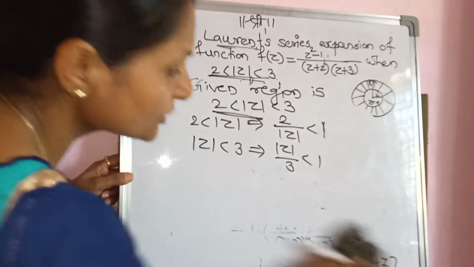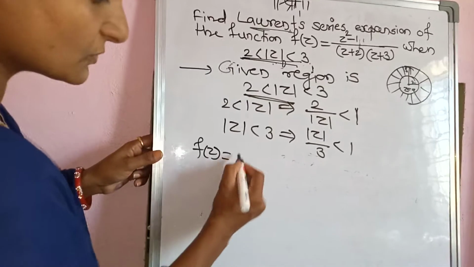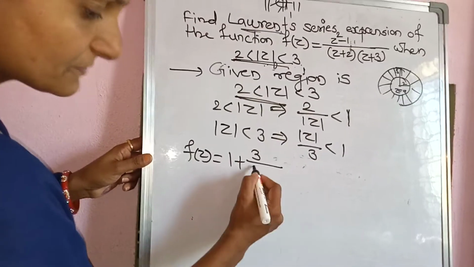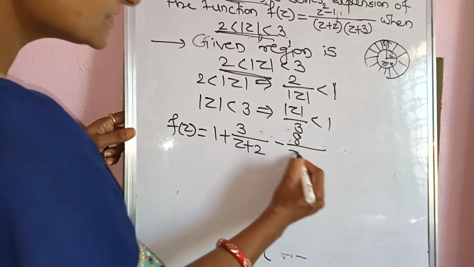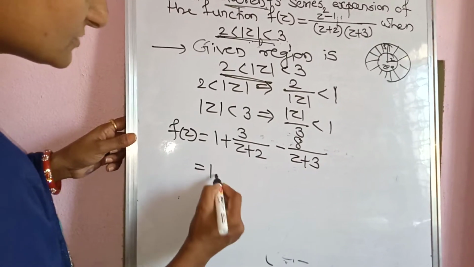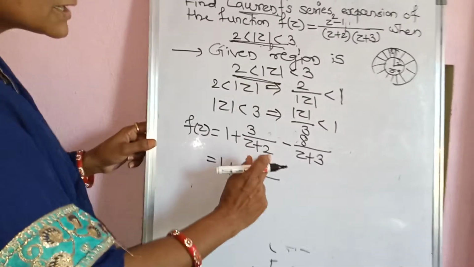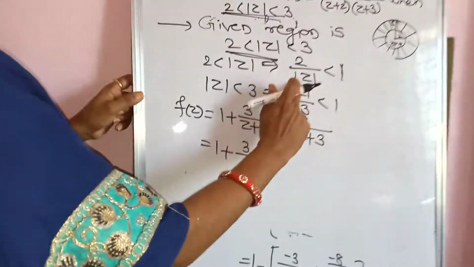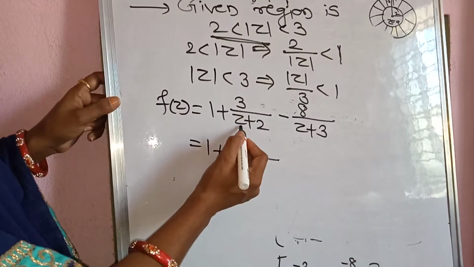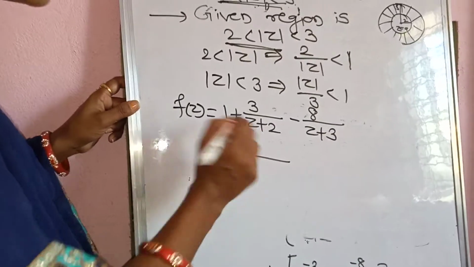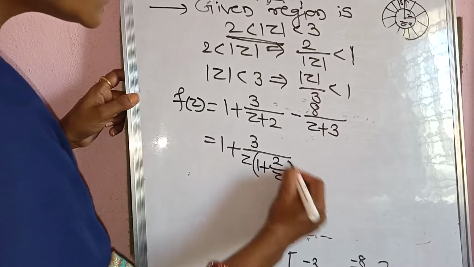Now observe your function: f of z equal to 1 plus 3 by (z plus 2) minus 8 by (z plus 3). In the denominator z plus 2, we know that 2 by z is less than 1, so from this denominator I will take z common, leaving 1 plus 2 by z.